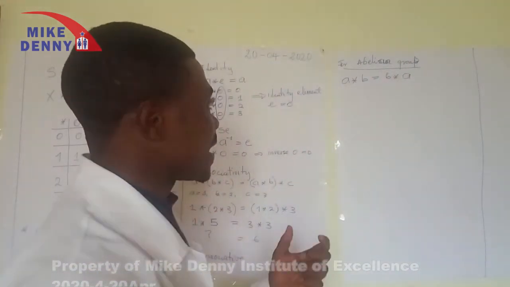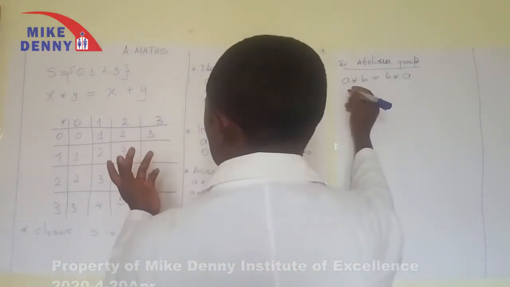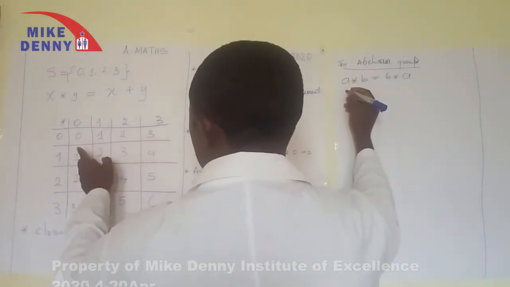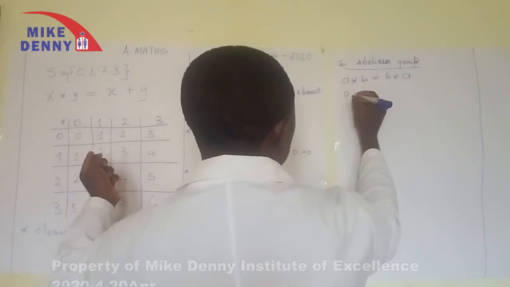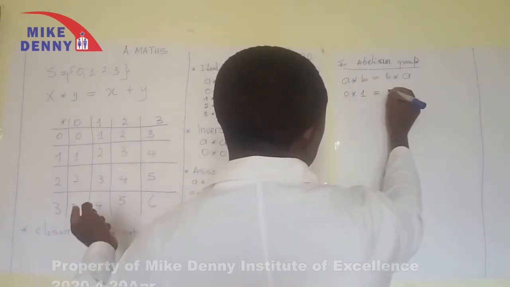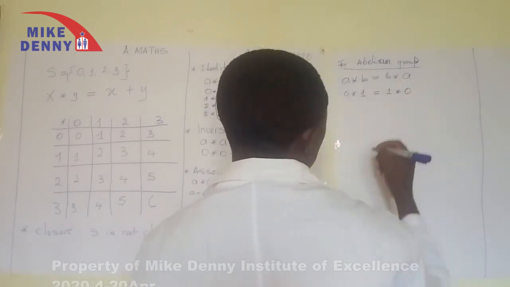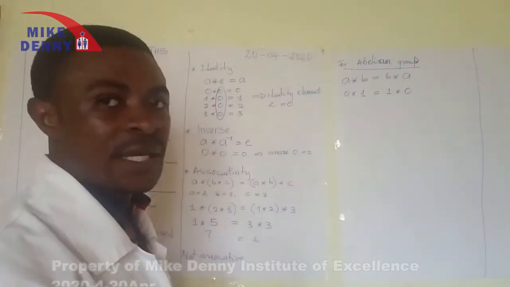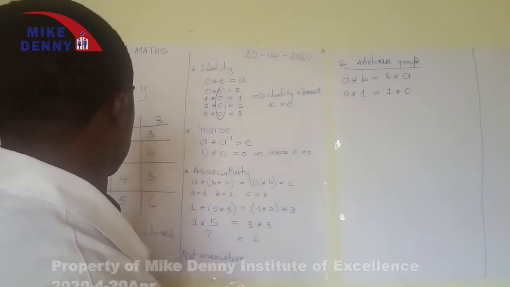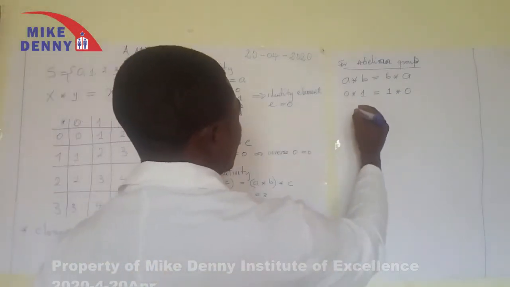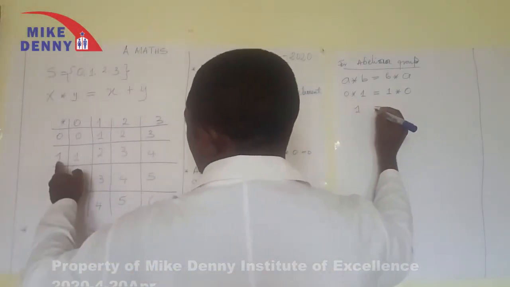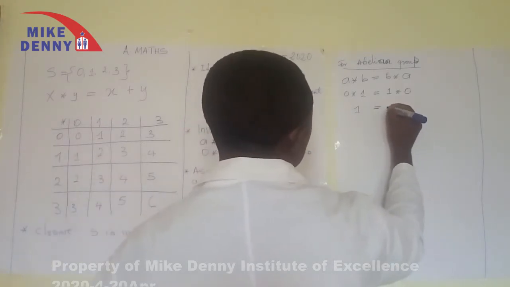Right? So in this case, we are verifying the properties. So we have A, we can take any element A, could be 0, and you operate with 1. It should give the same result as 1 operated with 0. Okay, now 0 operated with 1, my answer is 1. 1 operated with 0, my result is 1.